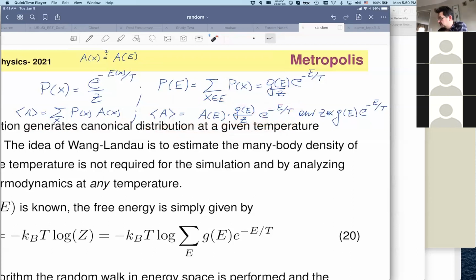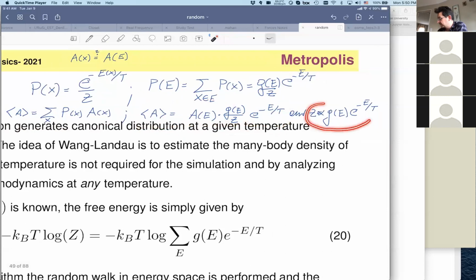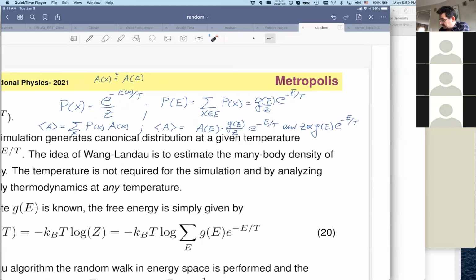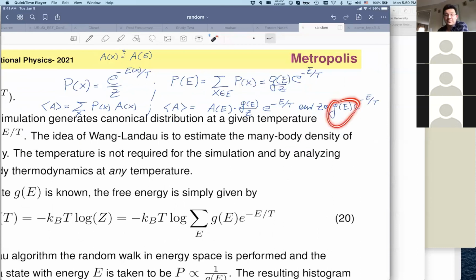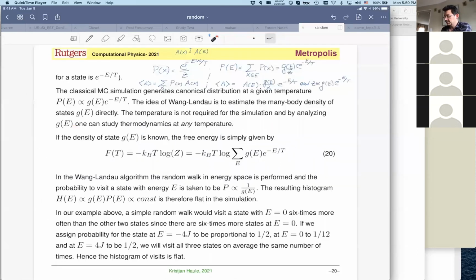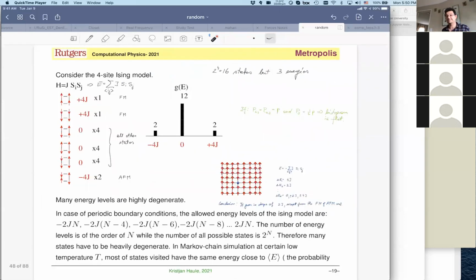That's it. Z is just the number of many-body states times e to the minus E over T. Okay, so the question is, of course, how many states do we have at each particular energy? Once we know that, we're basically done.